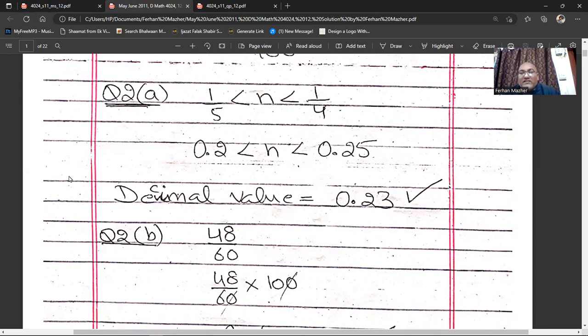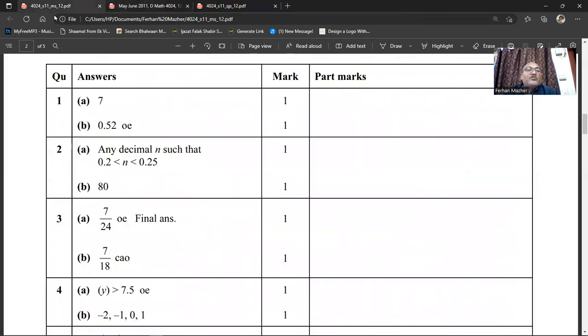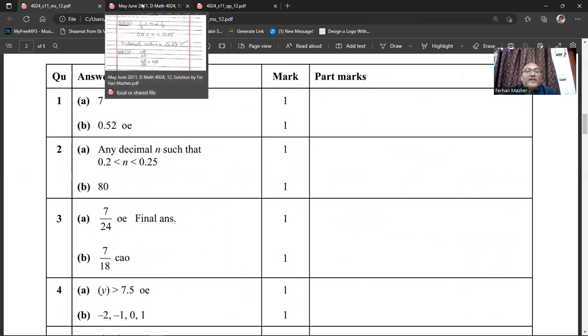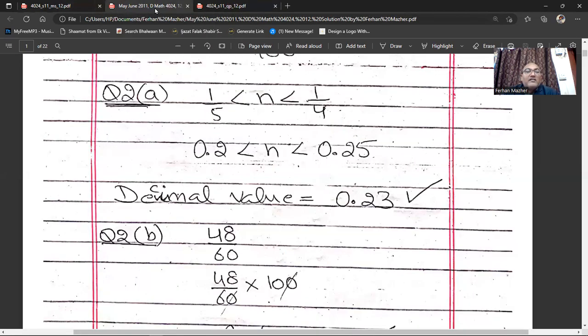So they want me to give a decimal value which satisfies this inequality. So any decimal value between 0.2 and 0.25. For example, it can be 0.23, it can be 0.21, it can be 0.24. I have given here 0.23. Any decimal value between 0.2 and 0.25. So our answer is right.